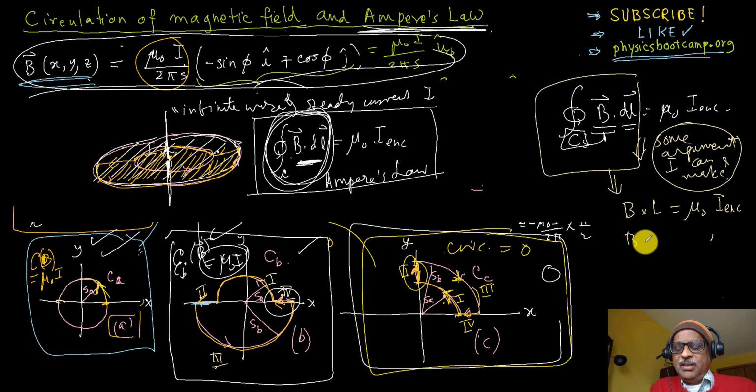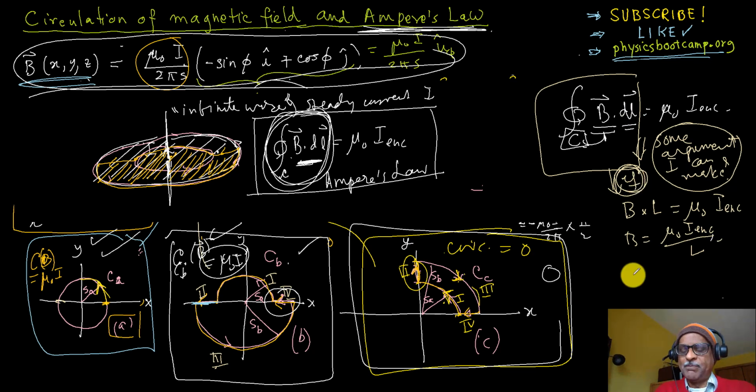Then magnitude of B is just equal to mu naught I enclosed over L. If, that's a big if. It's not always possible, but sometimes you can do it. So the cases that allow you to do it, they're usually very easy to solve for magnetic field using this.